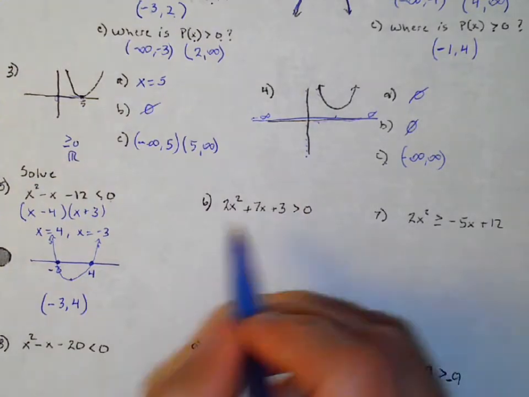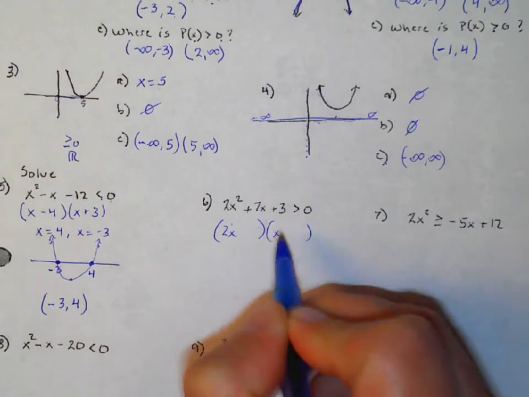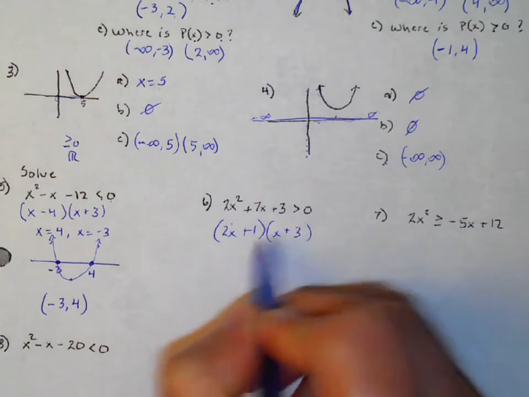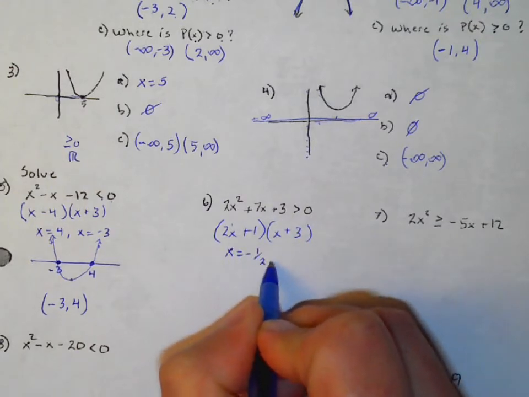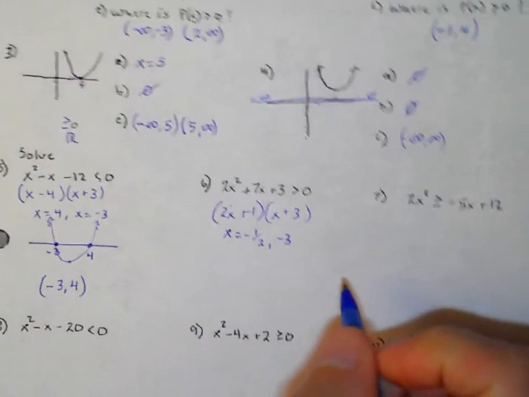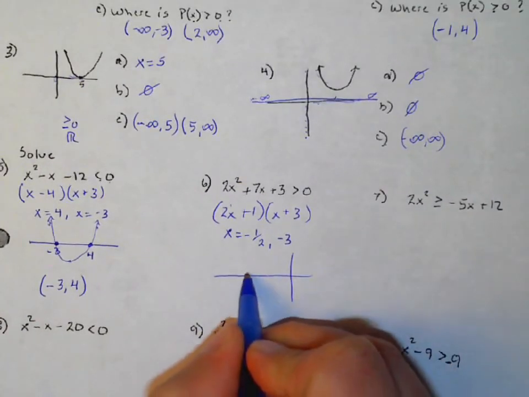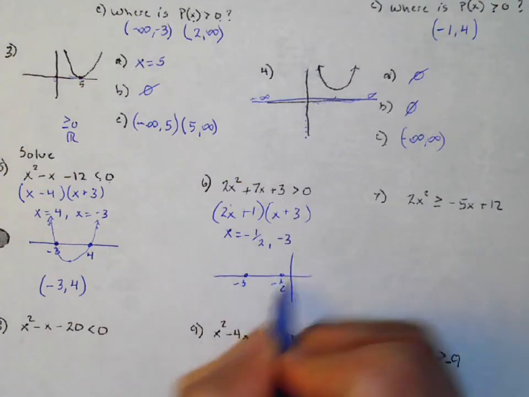Okay, if we solve the next one, if we factor, 2x and x, to give you plus 3 would be 6, plus 1 would be 7. 6 plus 1 is 7. And we get x equals -1/2 and -3. So thinking about it, we know at -3 and -1/2 the parabola is going to go through there.